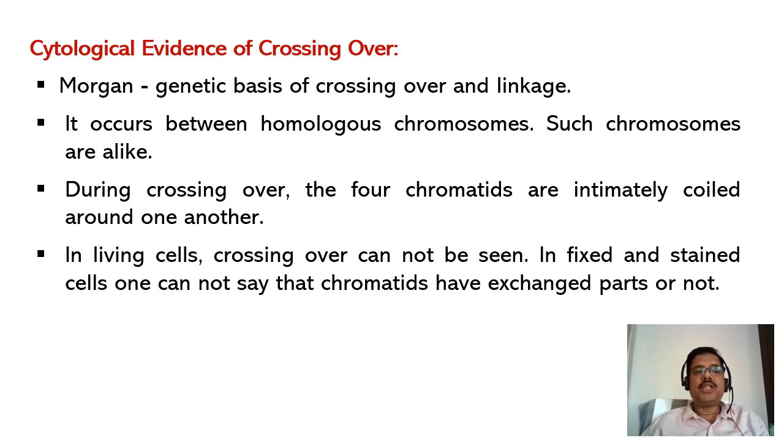For nearly 20 years, crossing over remained only a working hypothesis with geneticists. Finally, the cytological evidence that established beyond doubt the occurrence of crossing over was given by Stern on Drosophila and Creighton and McClintock on maize.